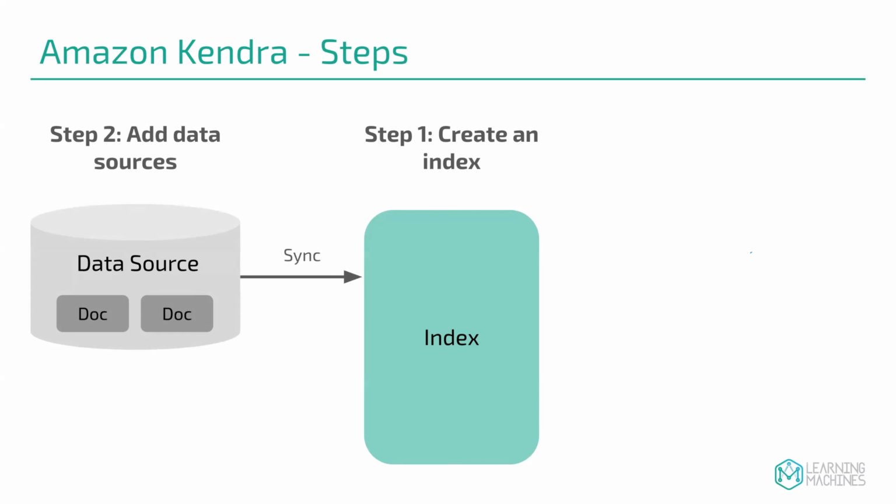And the syncing operation can either be on an ad hoc basis, or you can specify that the syncs happen after regular periods. So say once a day or once a week. And what that does is then to pull the different data sources into your index and then update the index with the relevant information.